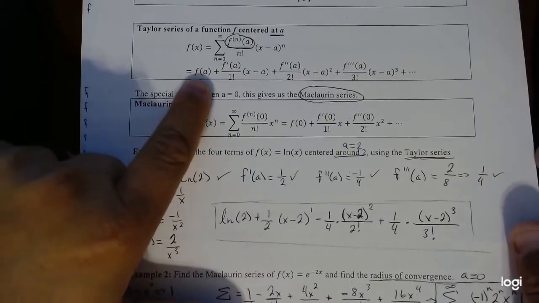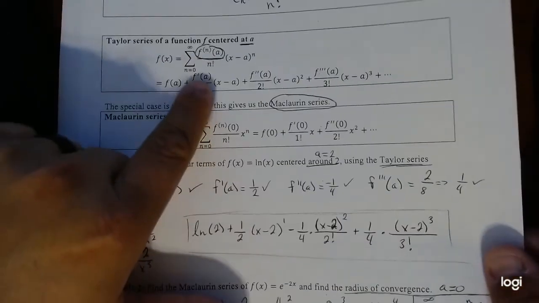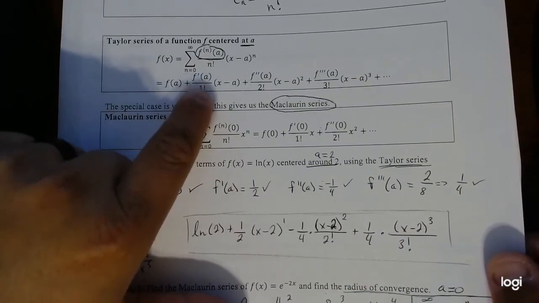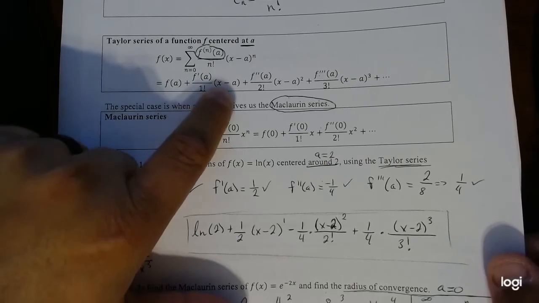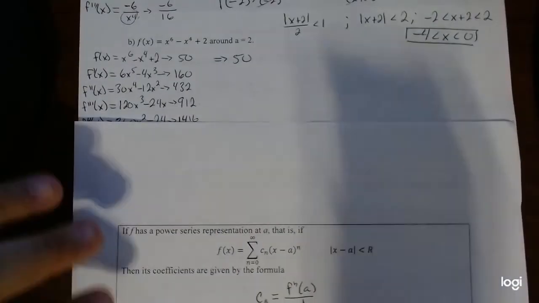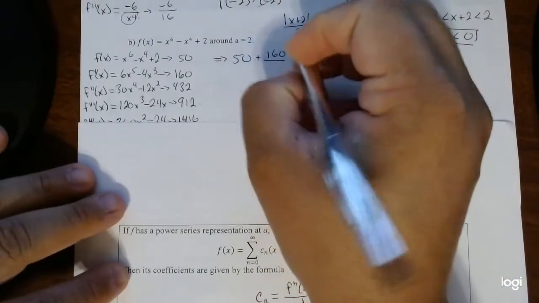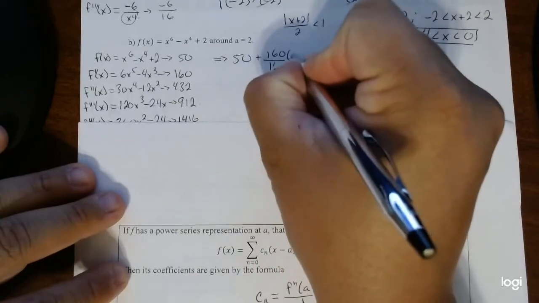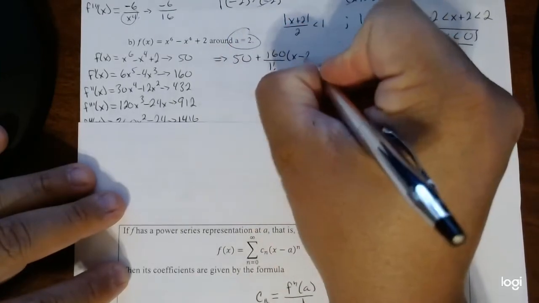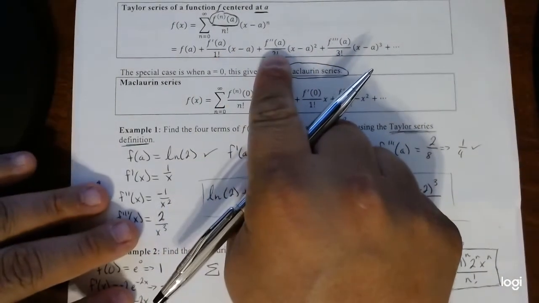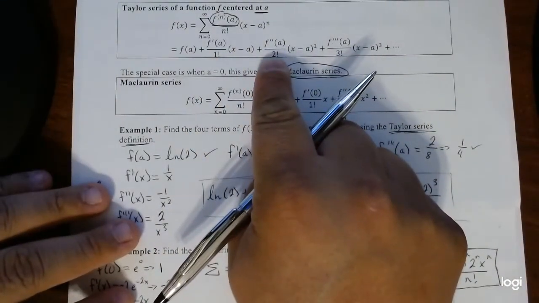So according to its Taylor series, it's going to be f of a, which is just 50, plus the first derivative of a over 1 factorial times x minus a, or in other words, 160 over 1 factorial times x minus 2 to the first power. Next term, second derivative of a over 2 factorial times that squared.